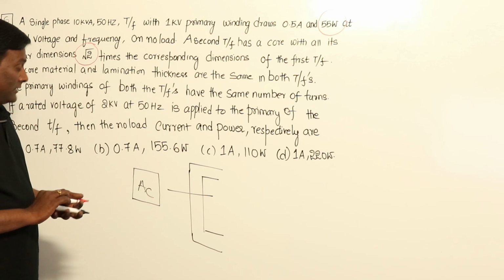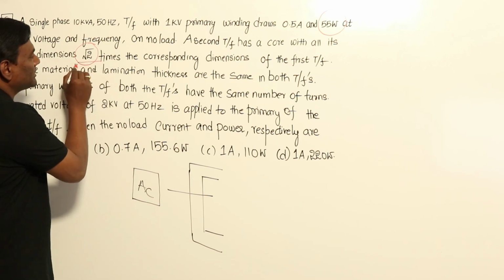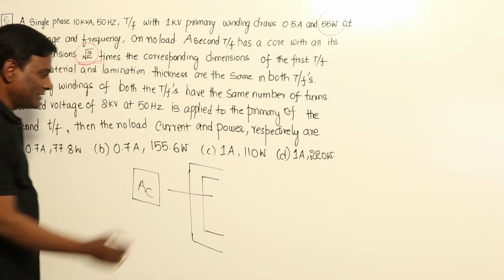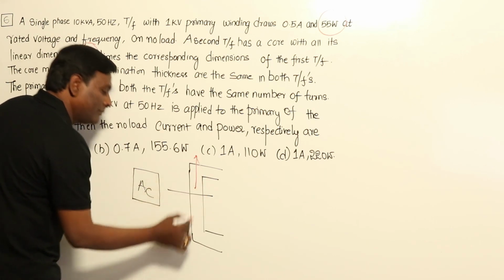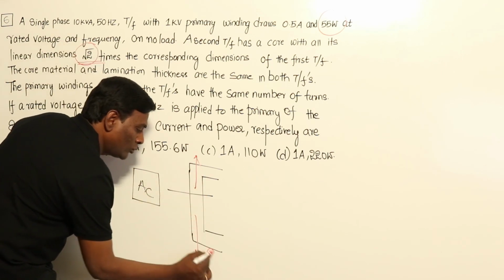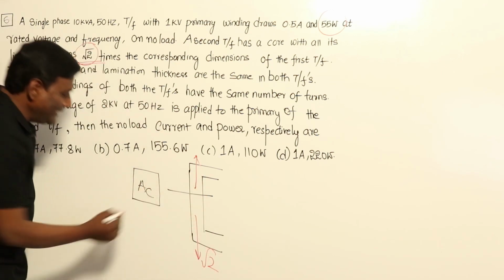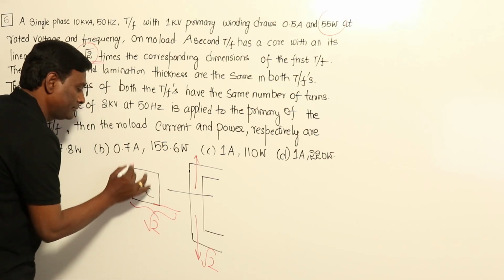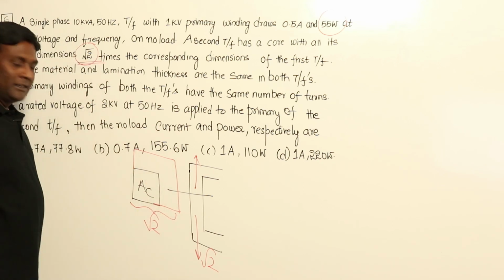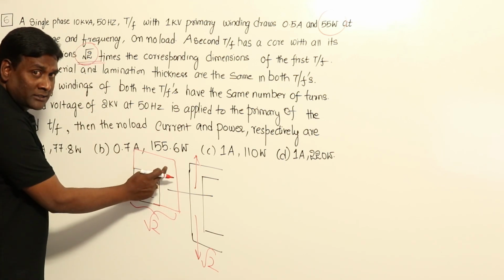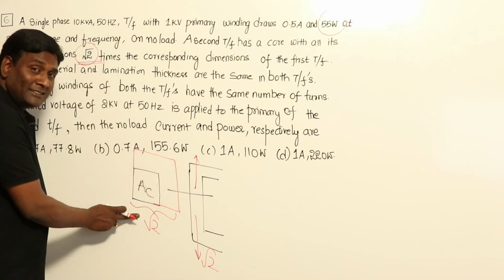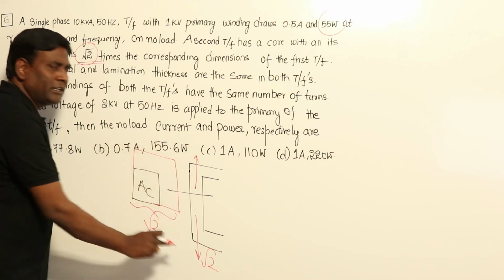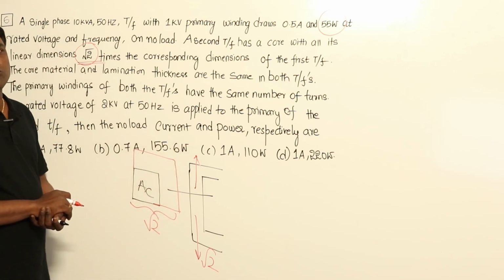Now what he is saying is that in the second case, linear dimensions are increased by √2 times, meaning the length of the limb will be increased by √2 times, and each side will be increased by √2 times. Such that the new area of cross section, with each side increased by √2 times, will be increased by 2 times.